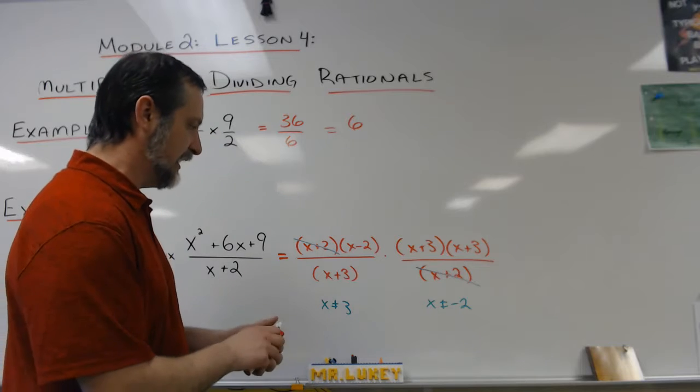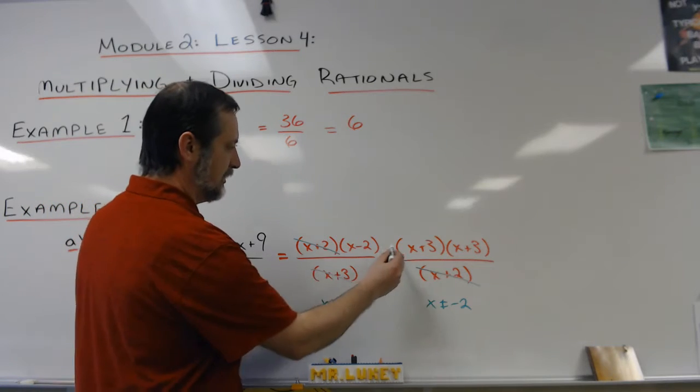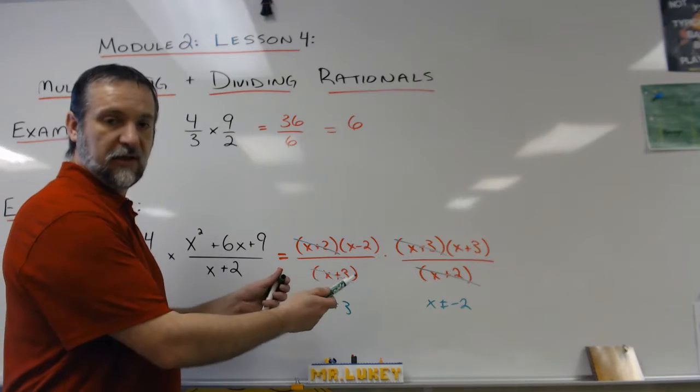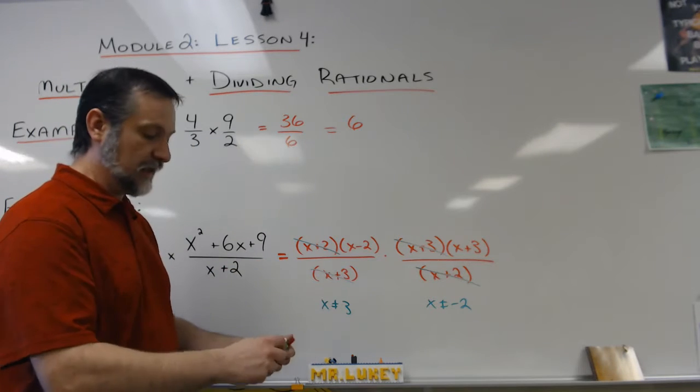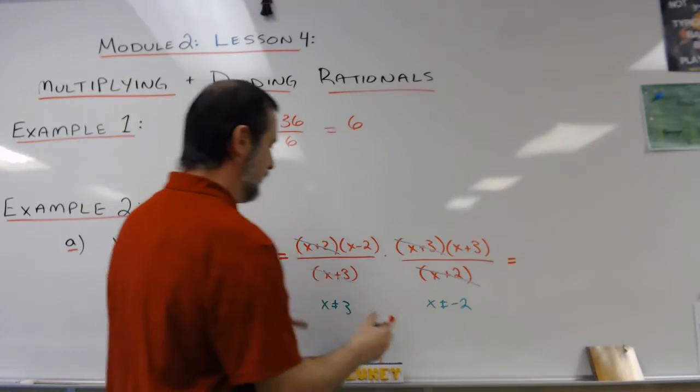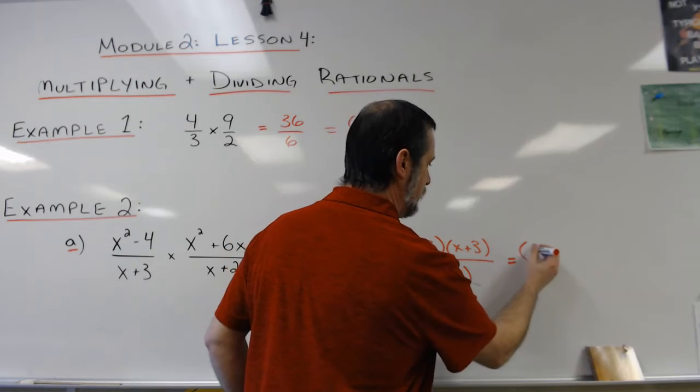So now I have an x plus 3 in the denominator and in one of the two numerators, so those are crossed off. My denominators have been officially gone. That's 1, so I don't need to write them. My final answer is x minus 2 times x plus 3.